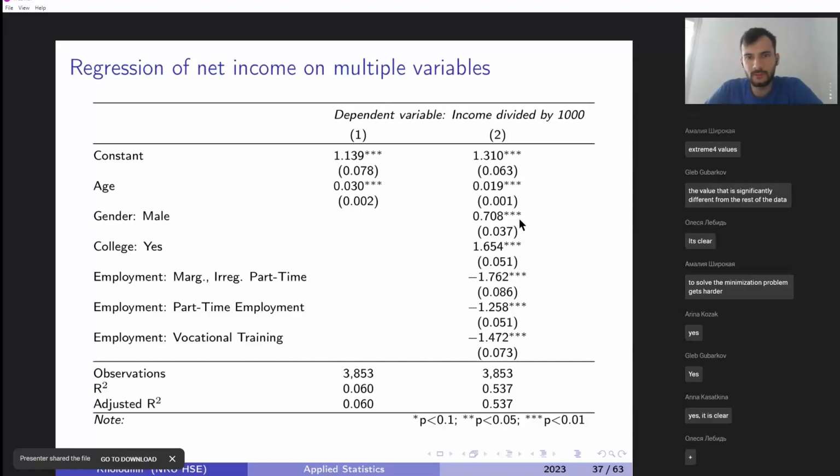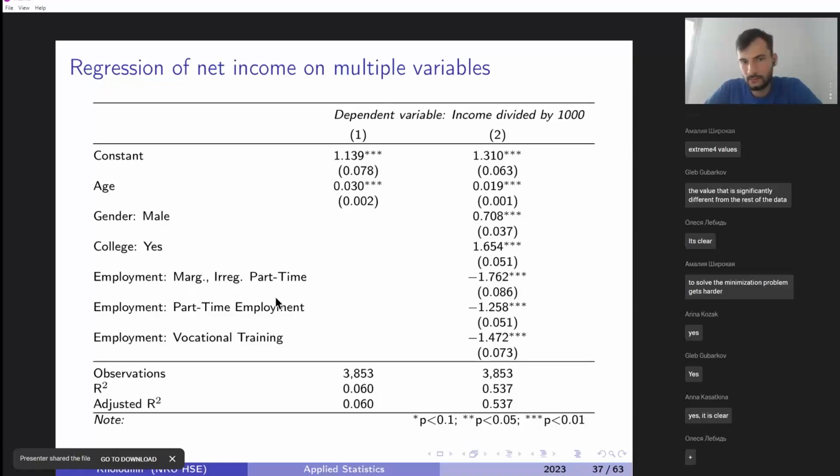And what I can see from the table is that the constant is positive, and age positively affects the income in both models. Then males have higher income. Those who have a college degree have higher income as well.